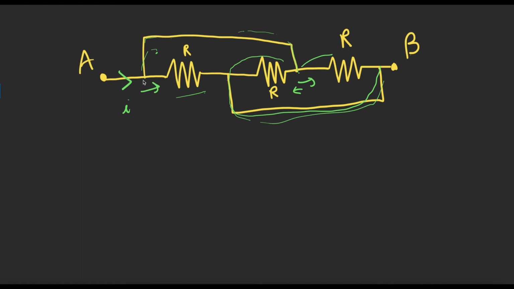Okay, so these are the three possible routes it can take, and the current is not going to just flow in a loop, otherwise that'll make it infinite possibilities. That's just going to keep on going. So that's highly improbable. That's basically negligible.